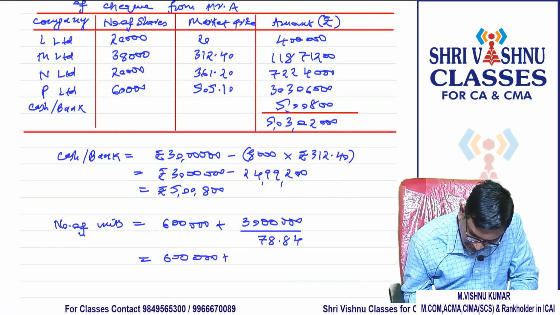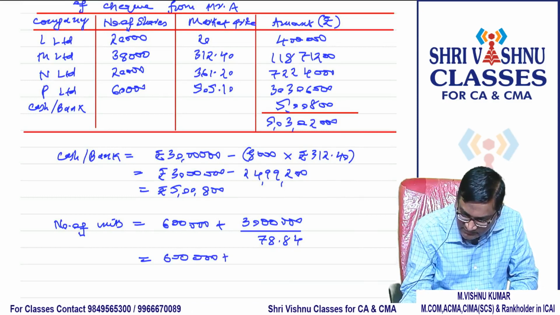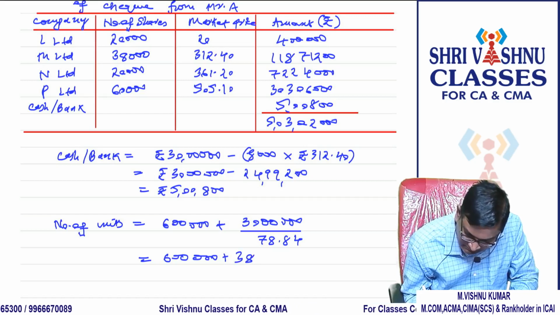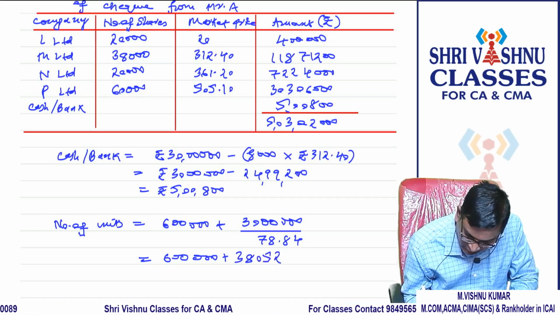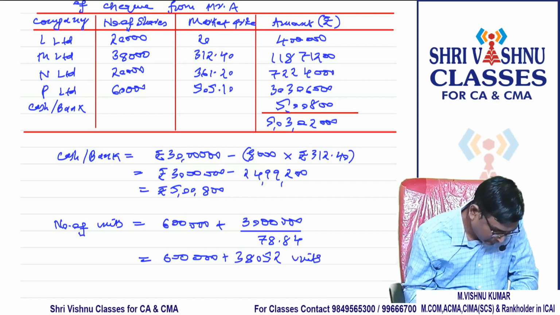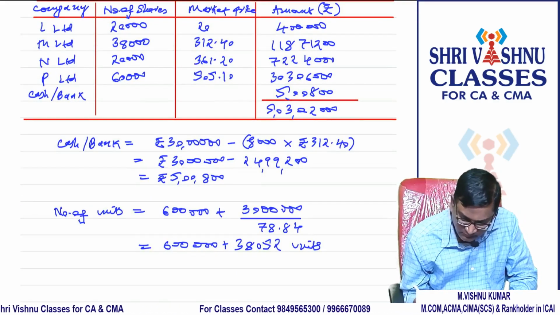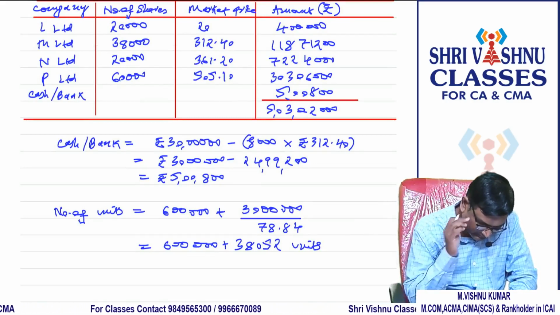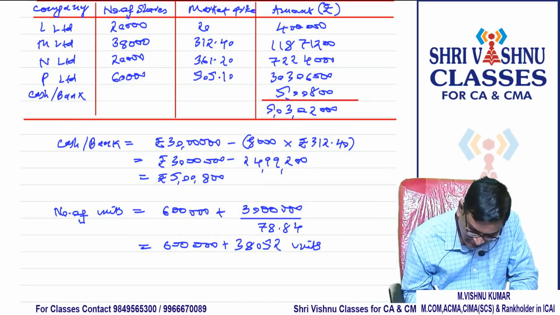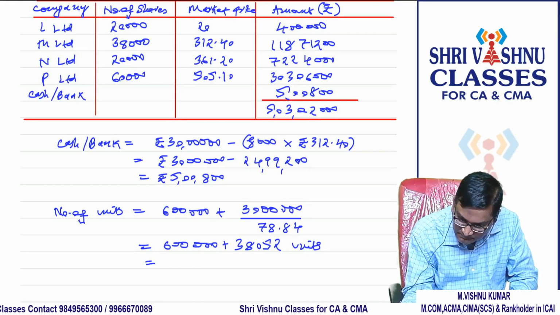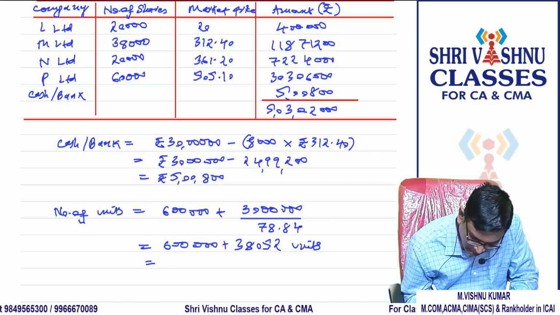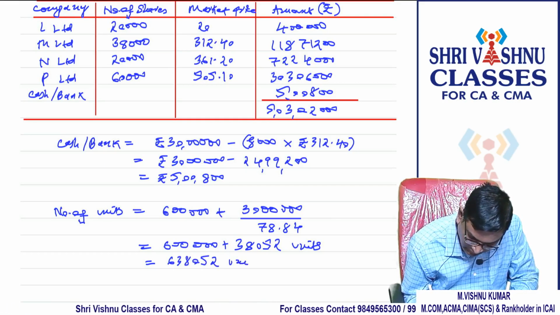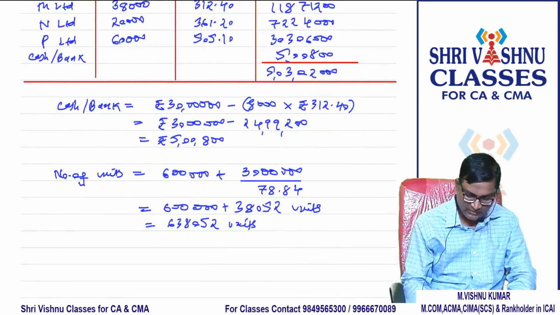Total units will be 6 lakh plus 38,052 units. 52 rounded off. Okay, this is the number of units.